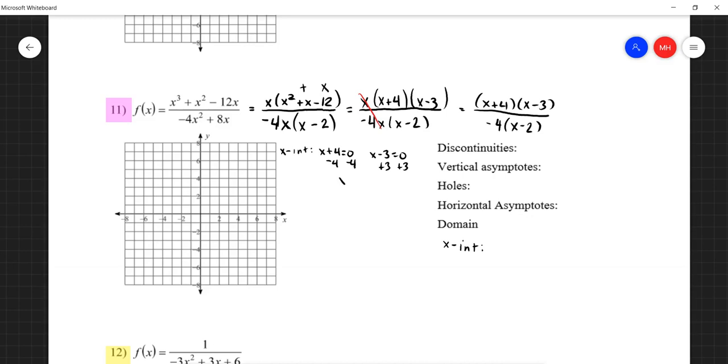Once again, make sure you are writing the intercepts for your x-intercept as points. So I'm going to have negative 4, 0 and 3, 0. Put them down.